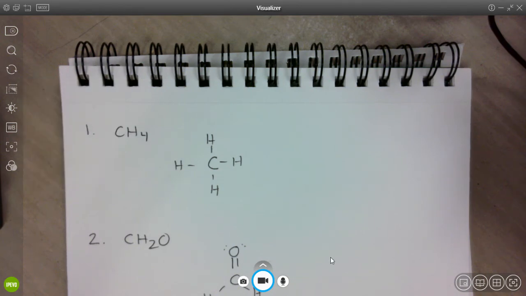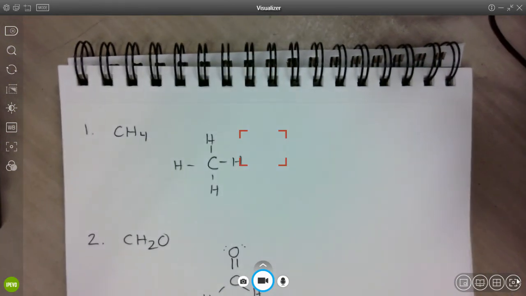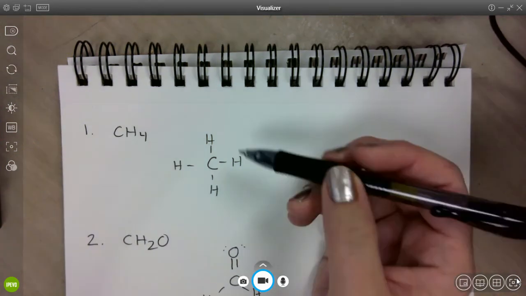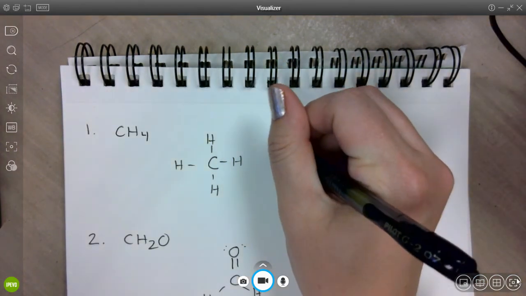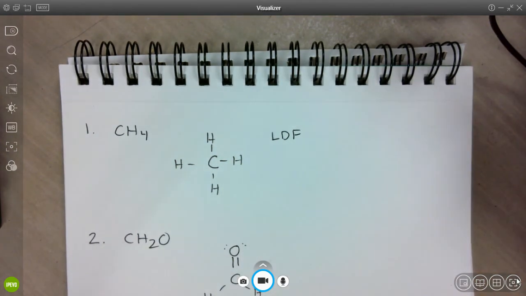All right, so back to our examples here. You should have drawn the Lewis structures for these, but now we want to identify the intermolecular forces. So the first thing we understand is if I can draw a Lewis structure for it, the first thing we know it has is London dispersion forces, which we can abbreviate as LDF, okay?